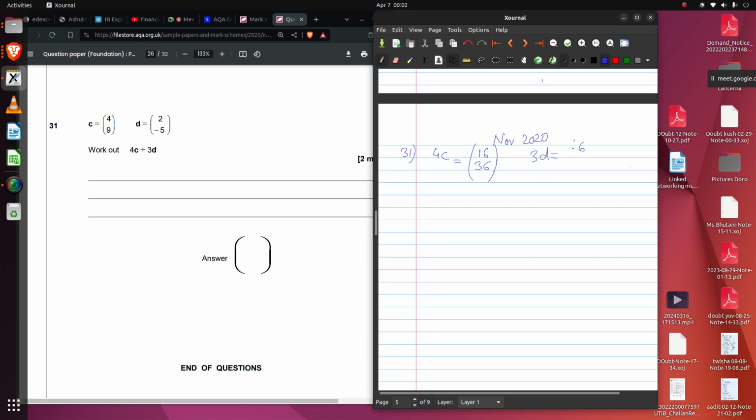Minus 3c, 15. Now you're going to add them. So 16 plus 6 is 22, and then 36 plus minus 15, which is 21.